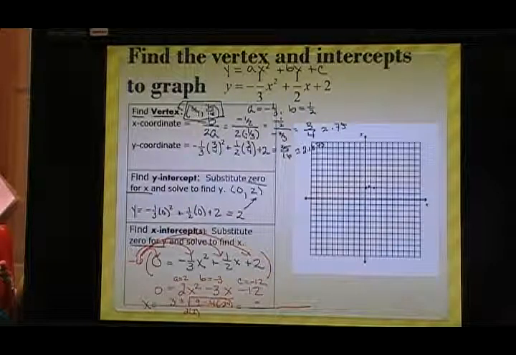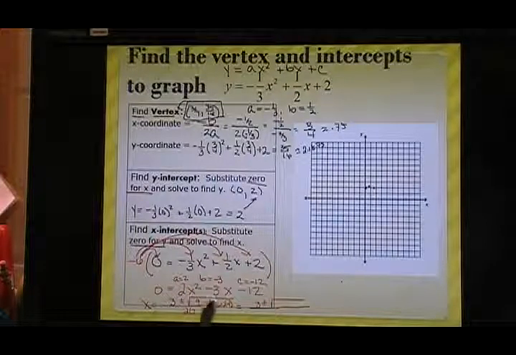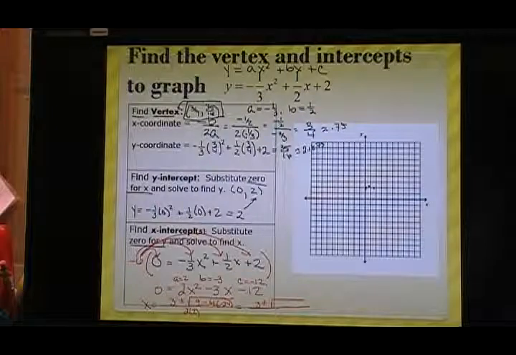So we have 3 plus or minus the square root of, so what would this be? 4 times 24, that would be 96. Is that right? And if I do 9 plus my 96, I get 105, all over my 4.